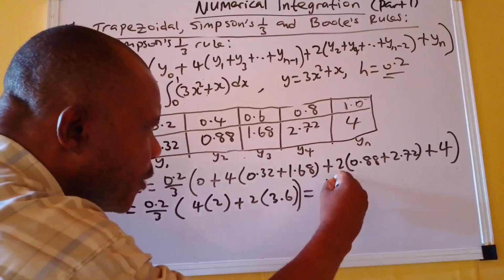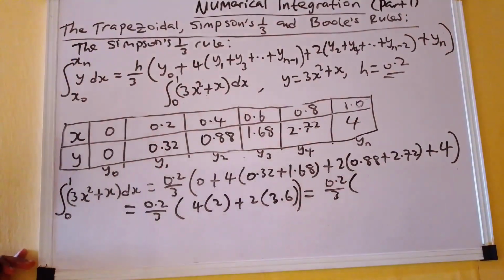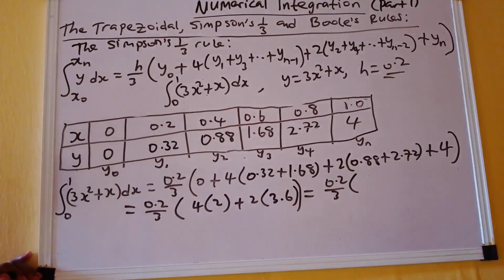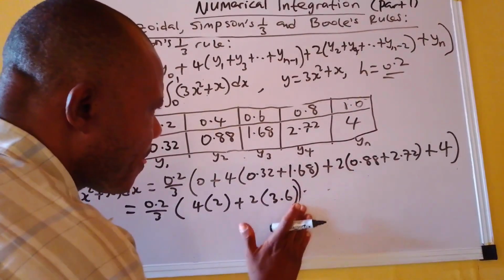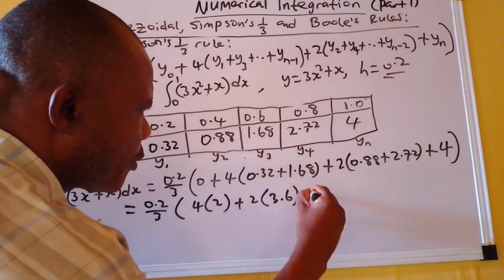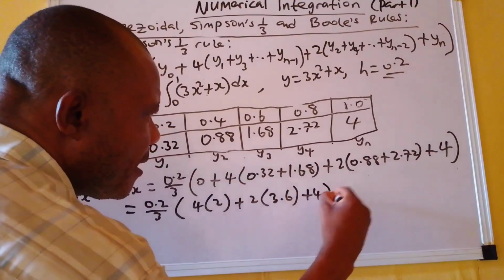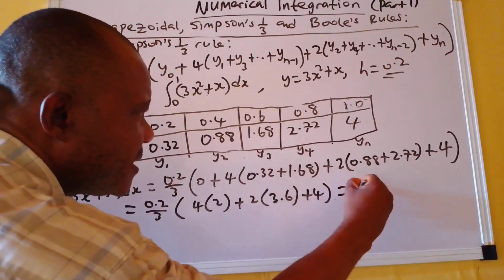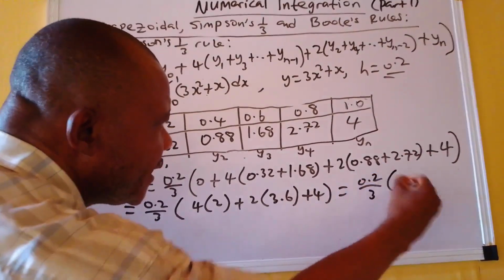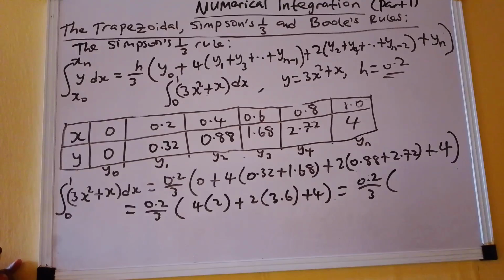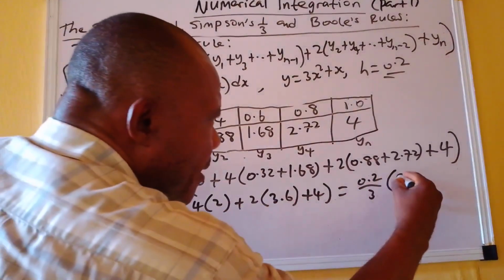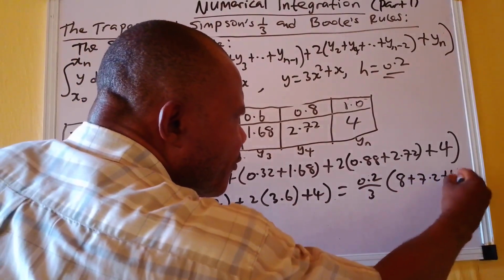So this will be equal to 0.2 over 3 into 4 times 2 is 8, plus 2 times 3.6 is 7.2, plus 4.